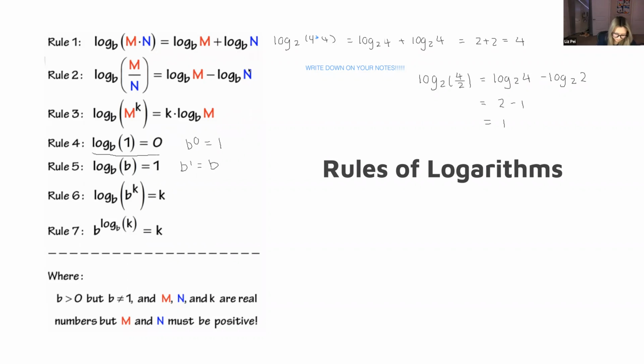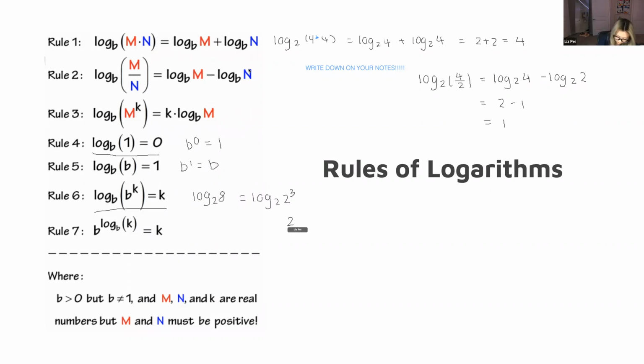And then here, this one, I can give you an example, like maybe log base 2 of 8, right? So you don't know what that is. Then you can change it to log base 2 of 2 to the 3, because 2 to the third power is 8.